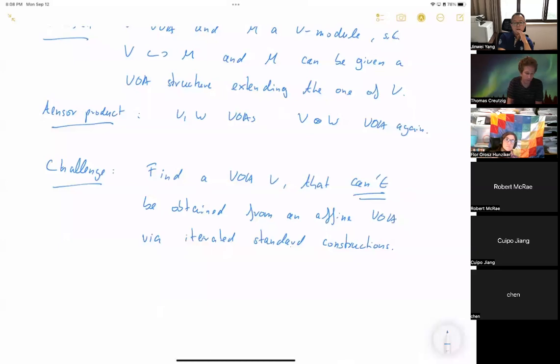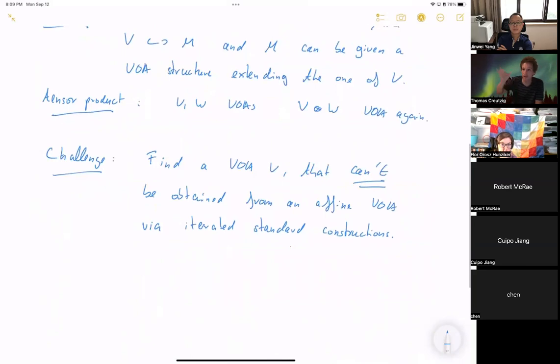If you're not interested in these structures a priori, there is their representation theory, and representation theory is somehow well preserved under these constructions. So we should say, if every vertex algebra that we know comes from an affine vertex algebra via maybe a big sequence of these constructions, then it's probably quite important to know the representation theory of affine vertex algebras, because they somehow sit on the top of the VOA hierarchy.